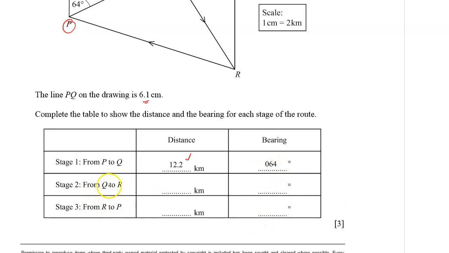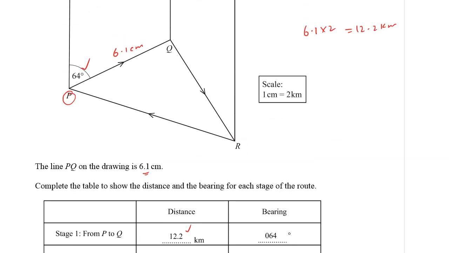Then from Q to R, what is the distance from Q to R? From Q to R, you need now to use your ruler. Remember, you're supposed to have a geometrical set. You measure the distance from here to here. Then you use this scale to get the distance.